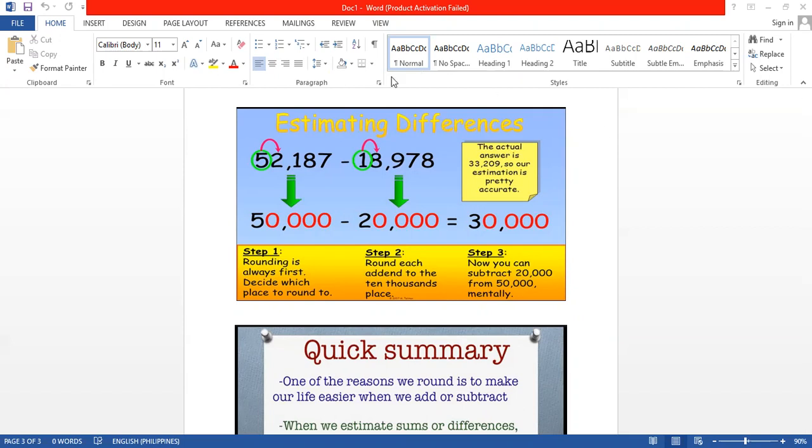So we have here an example: 52,187 minus 18,978.